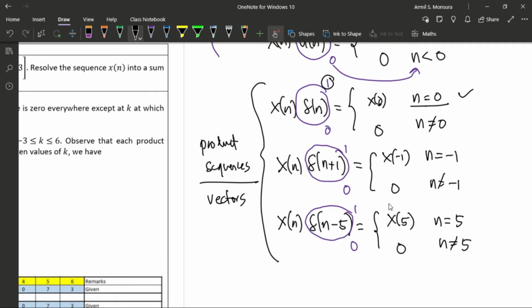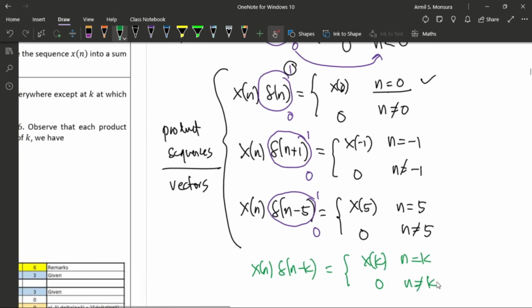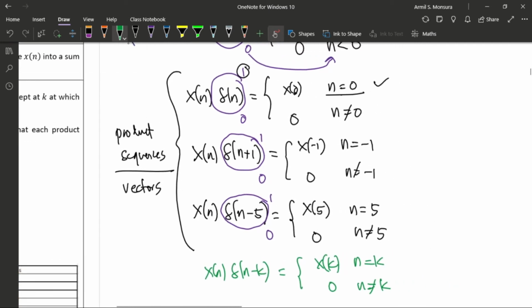Kung papansin niyo mabuti, and if you're going to use your power of deduction, in general, if you have x of n times delta n minus k, this product sequence is actually x of k for n equals k, and 0 siya for n not equal to k. Now ito yung sinasabi ko na siya ay product sequence, no? Product sequence yan kasi naka-vector yan.